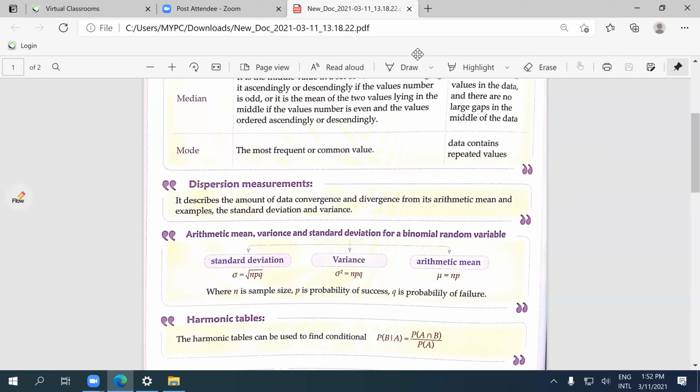The failure would be 90%, 85%, and so on. Here n is the sample size, the number in the sample we work with. B is the probability of success. Q is the probability of failure.